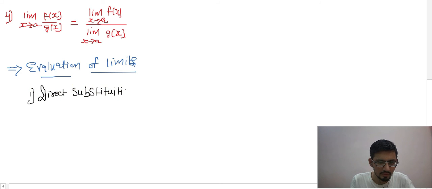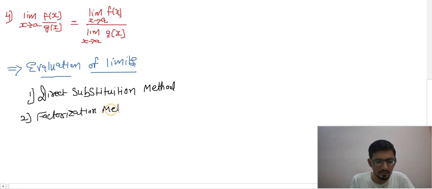Second method we will study, factorization method. Third method we are going to study, rationalization method.